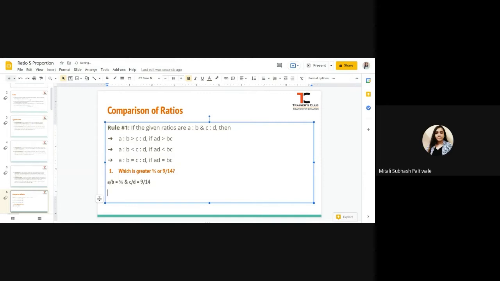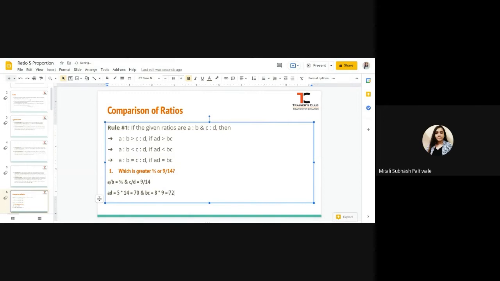Now, next thing, let's do multiplication of extremes. AD is equal to 5 into 14, which will give me answer as 70. And BC is equal to 8 into 9, which is equal to 72.